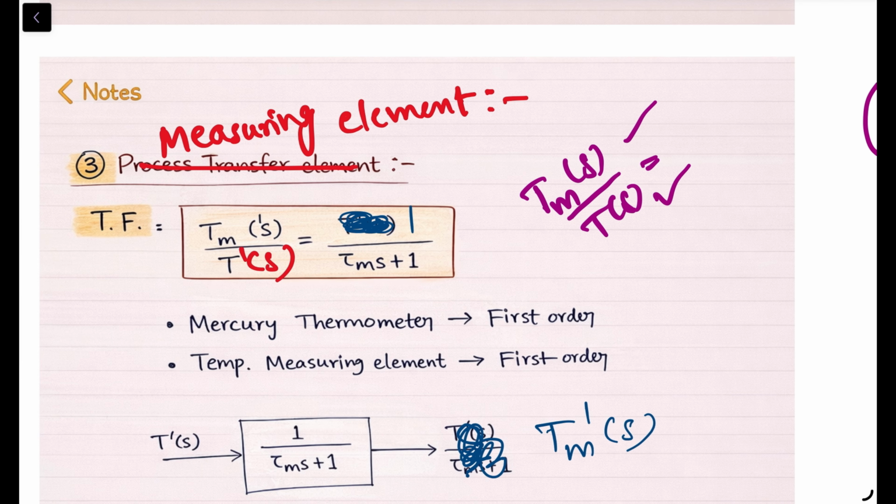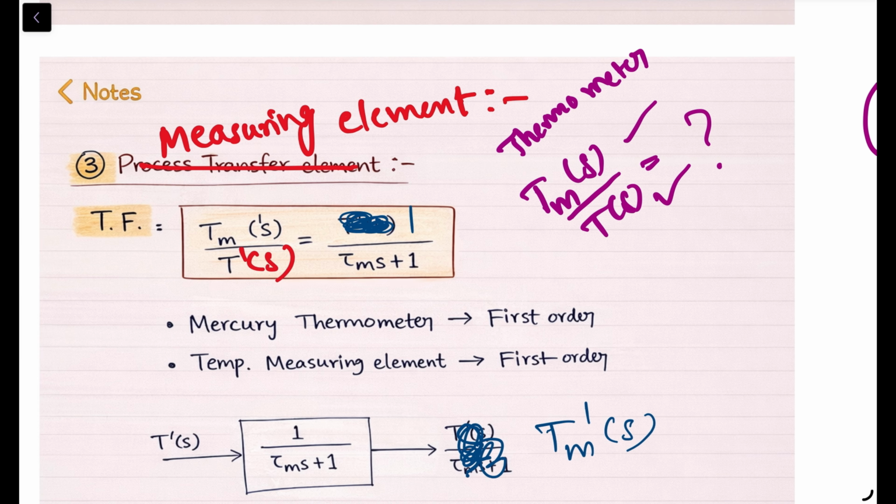What is the dynamic behavior? To find this, we need to identify the dynamic behavior of the thermometer. In most practical situations, the measuring element does not respond instantly; you can see that in the lab also.